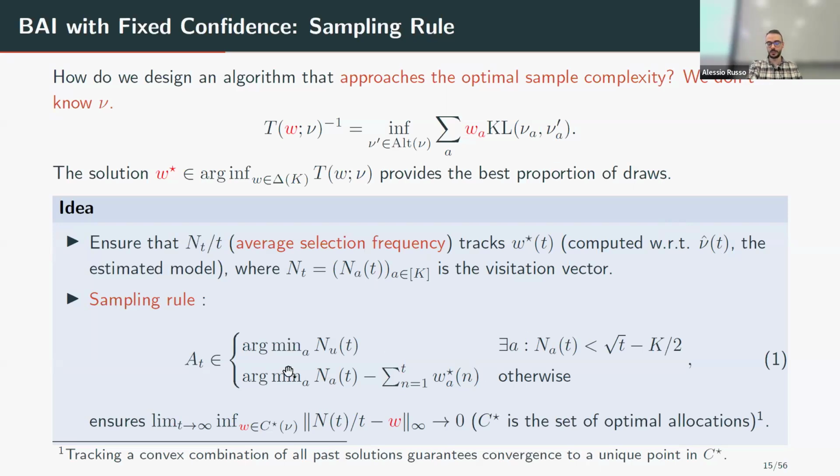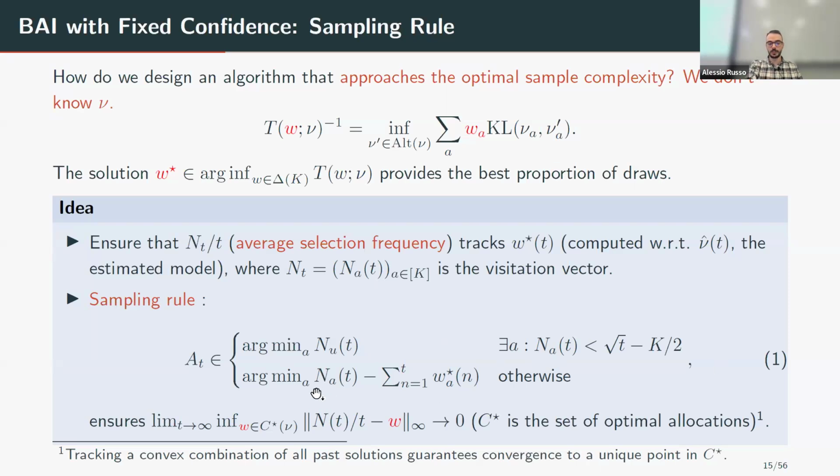The idea of the sampling rule is that you want to ensure that all the arms are sampled sufficiently often. So for example, with this sampling rule, whenever an arm has not been selected at least at the rate square root of t, we are going to sample that arm.